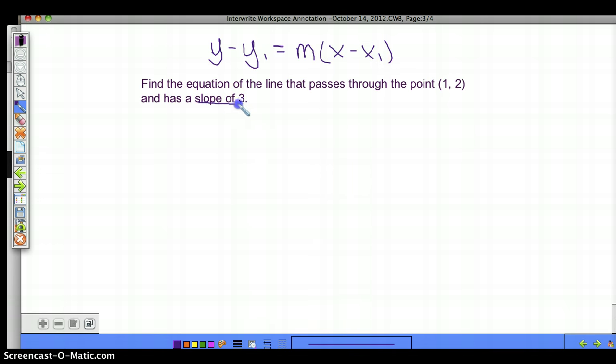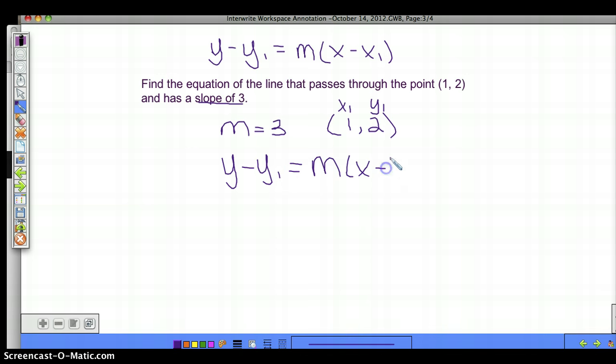Now we know, and we should be used to the fact that slope is m. So our m here is 3, and then they've given us the point (1, 2). So we're going to call this our x1 and this our y1, because remember, with our coordinate points we always write them as x, y. So if I use my equation, y minus y1 equals m times x minus x1, all I'm doing here is plugging in 3 for my m, 1 for my x1, and 2 for my y1.